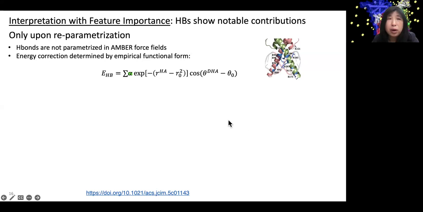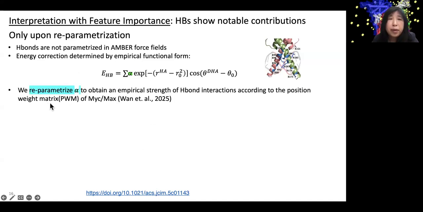With this framework, we also want to do interpretation with these physical input features, so we can tell which are more important. But we realize that with the current parameterization of the hydrogen bond, the prediction is not good, because with this parameterization the model just does not find the importance of hydrogen bonding.